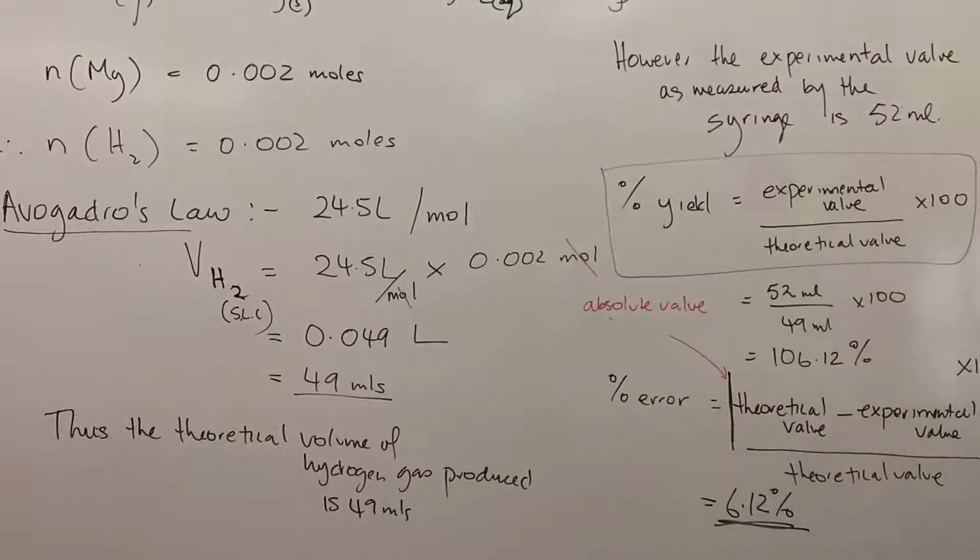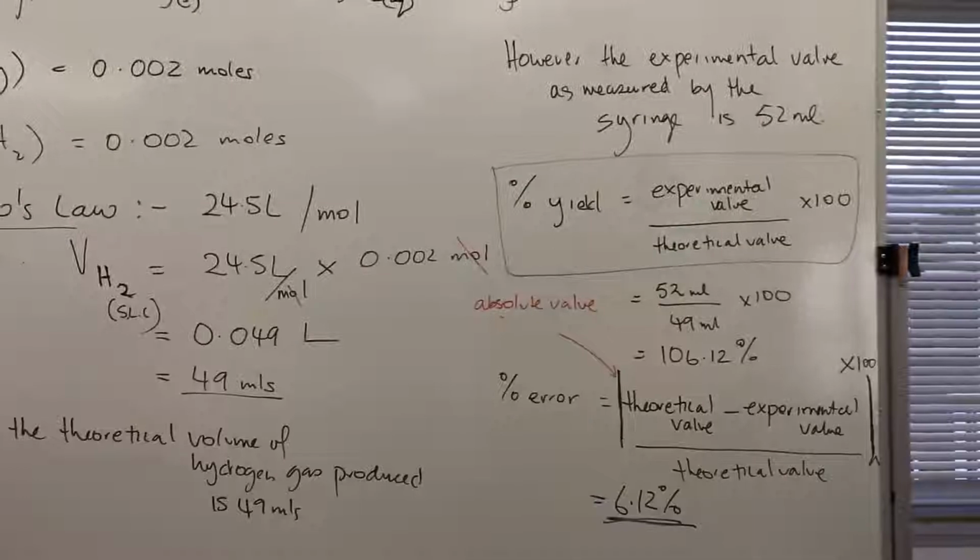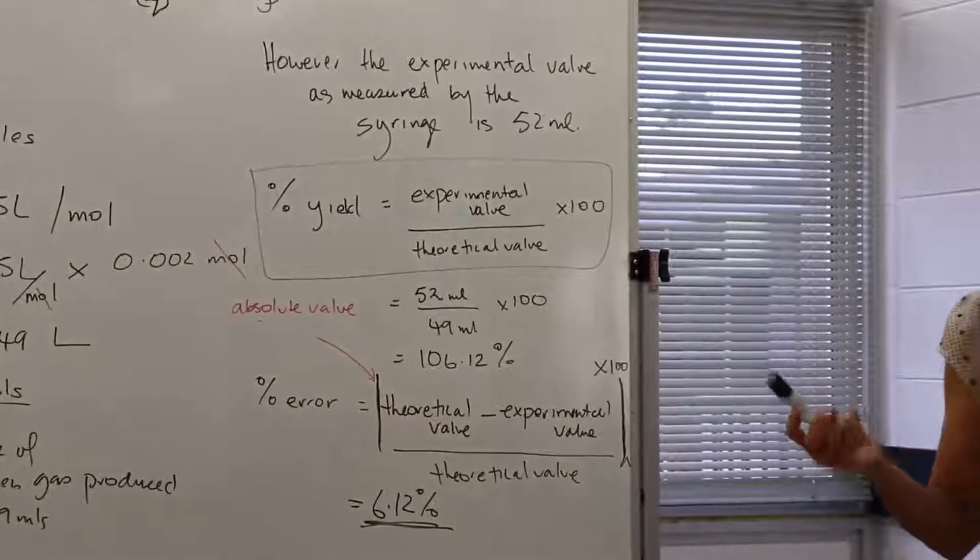And you just have to come up with a number of plausible reasons. And when students only give one, they're not going to get full marks. So there's quite a lot of experimental error that could go wrong in this, can't you see from that setup?